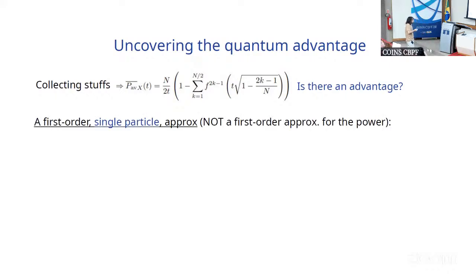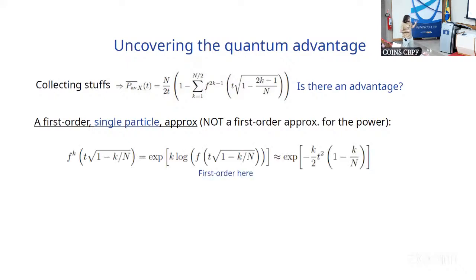So what we did, or better, the idea that Francisco had, was to do apparently a dangerous trick. He said, let's try to do a first order approximation on the single particle part. Notice, this is very important: this is not a first order approximation for the power. It's just a first order approximation for the single particle piece.